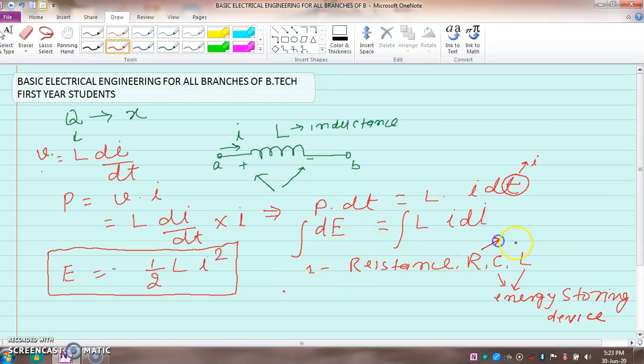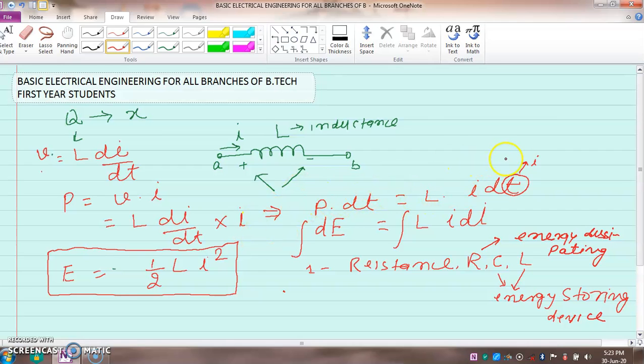This resistance is an energy dissipating element. Means if you give energy, it will dissipate, it will not store.